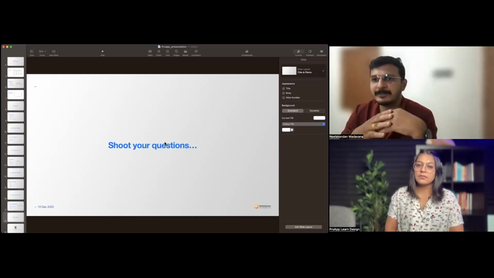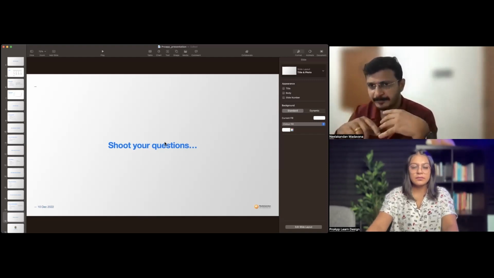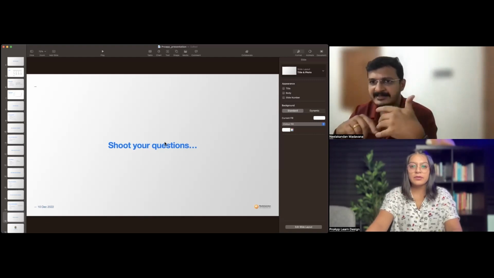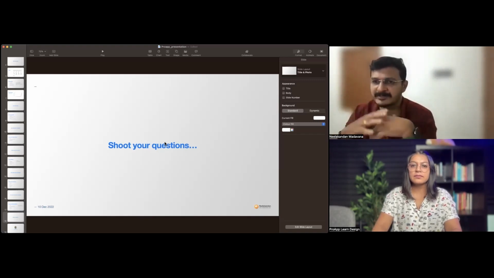Now, most of the companies like TCS, Infosys, Wipro, Capgemini, they are acquiring studios. Accenture has acquired. TCS has acquired. Infosys has acquired.